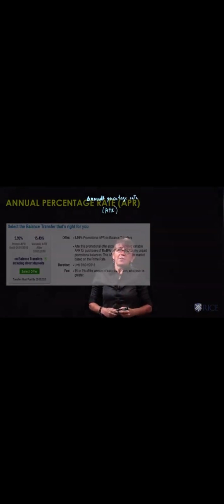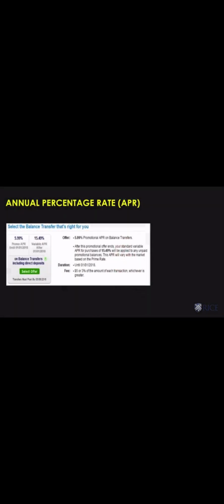Okay? So typically, interest rates are expressed as an annual percentage rate, or the APR. For example, you may have seen the APR on a credit card offer or your credit card statement.